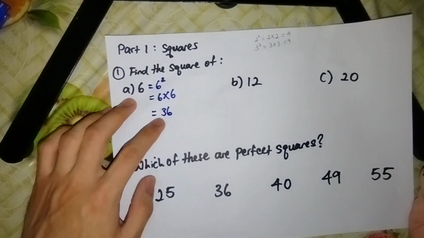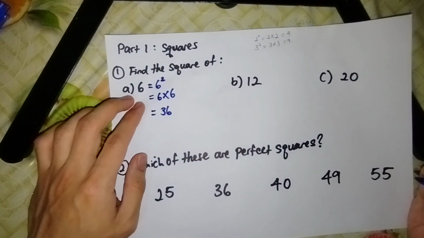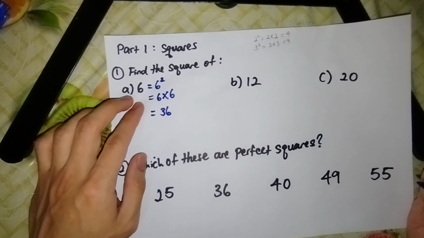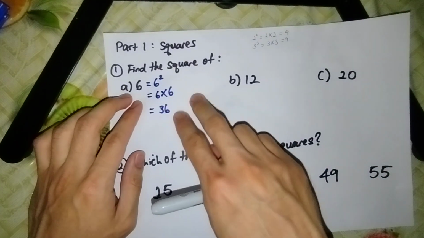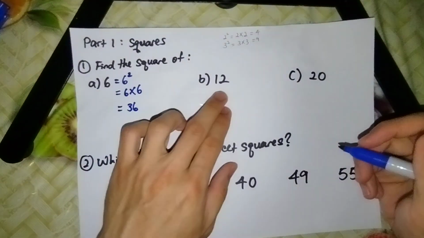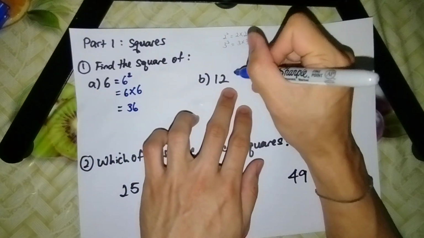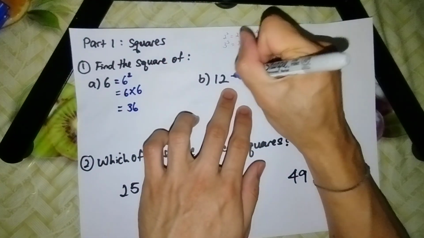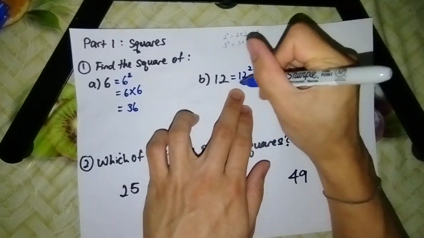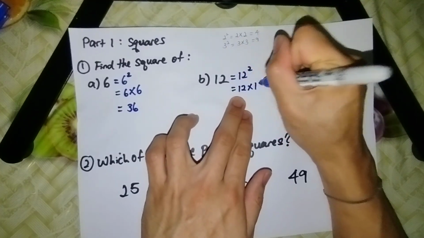Like I said, you've got to know your times table, and this will help you save a lot of time in very basic computation like this. The next part here is the square of 12, and it means 12 squared, which is equal to 12 times 12.